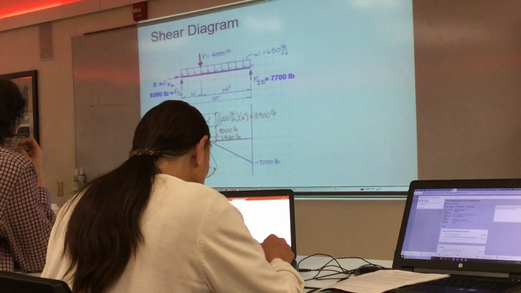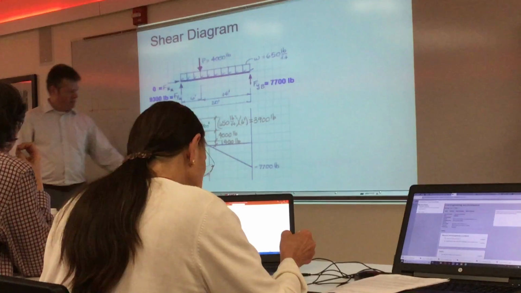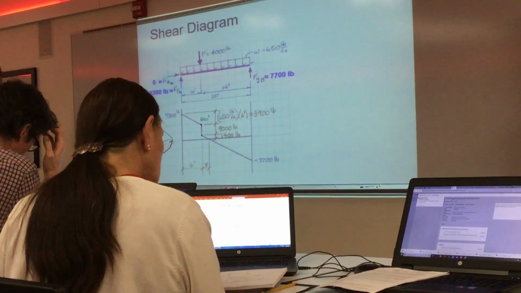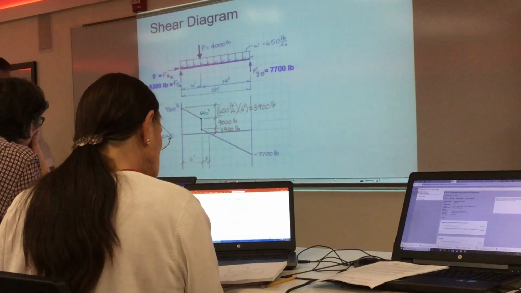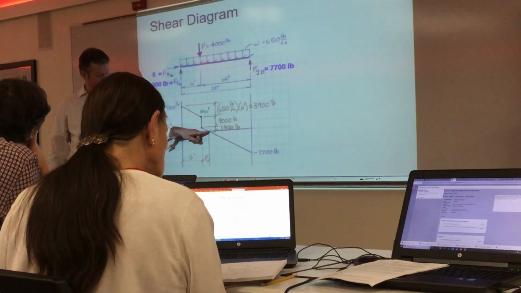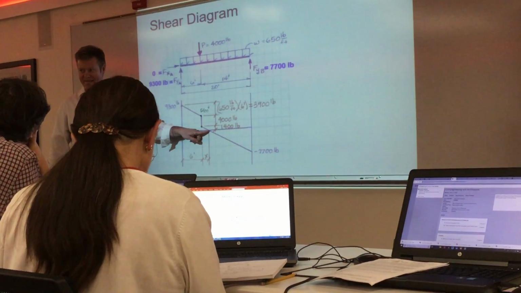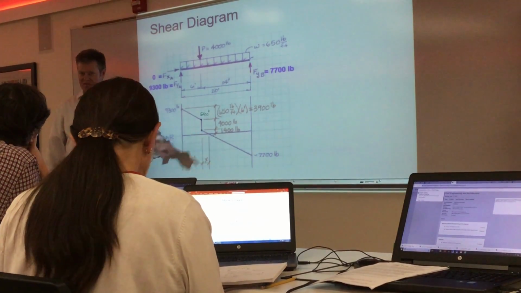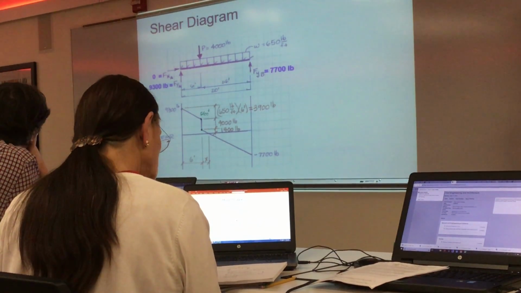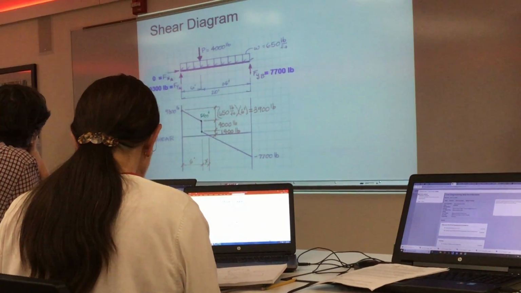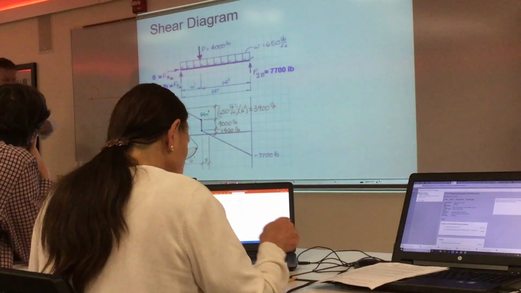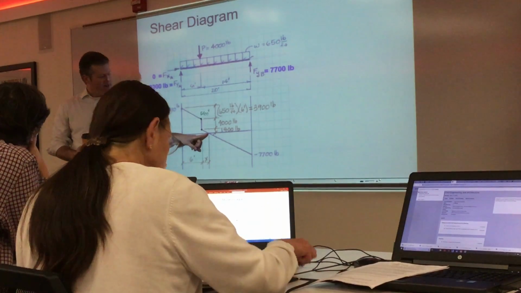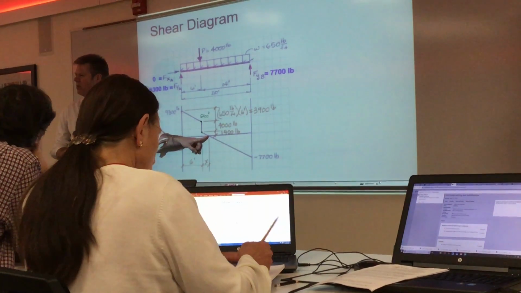So I don't know if this is a connection or not, but at 0, where the shear diagram crosses, so like 6 foot plus X, is that where the beam would split? That's a great observation. The question was, Beth's wondering, what happens at this point where it crosses 0?